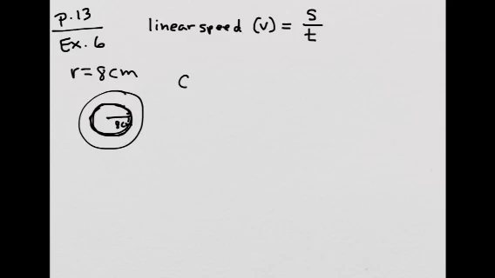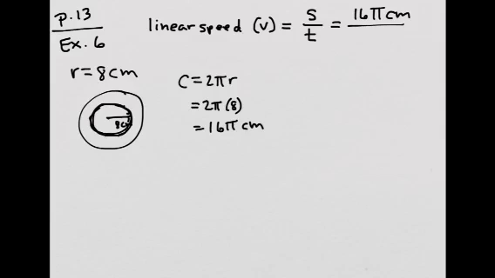Well, remember the circumference of a circle is 2 pi r. So the circumference that it covers is 2 pi times 8, which is 16 pi centimeters. So we're going to put 16 pi centimeters right here, and it takes 60 seconds to cover that much.